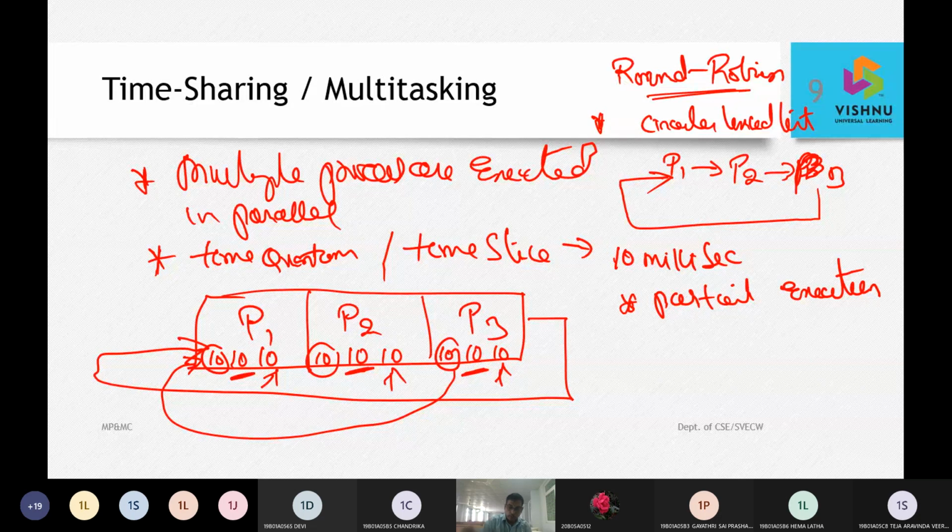So this all came in the second and third generations. But even though it is an operating system, it has to be done by the CPU. It has to be executed by the control unit.